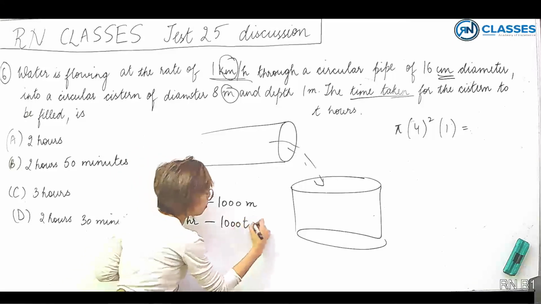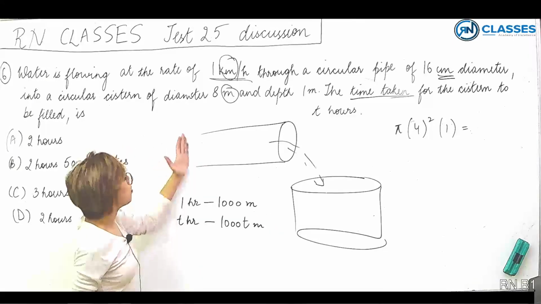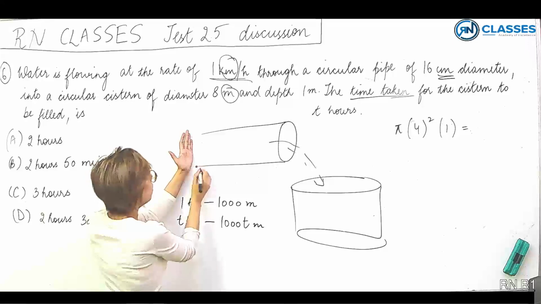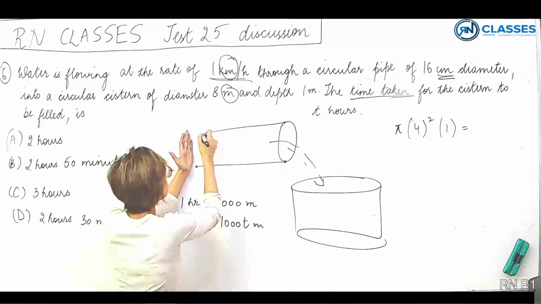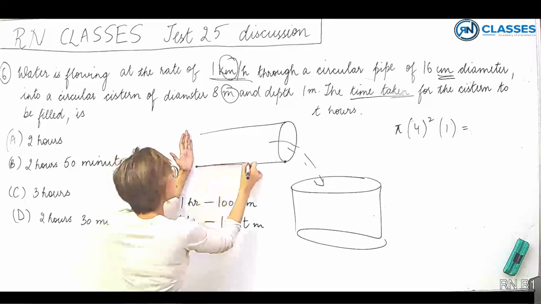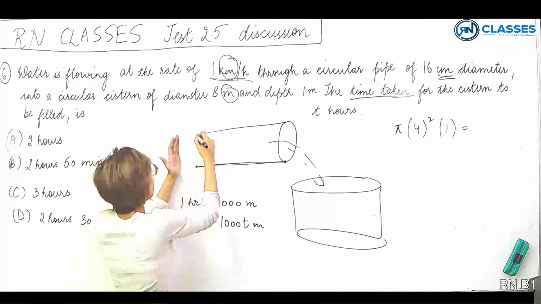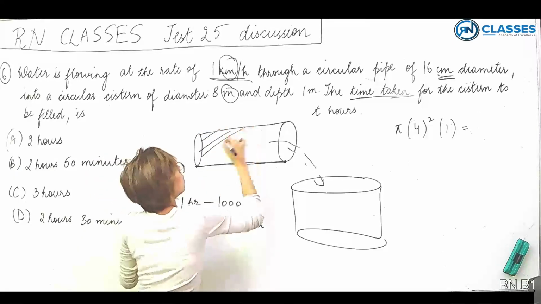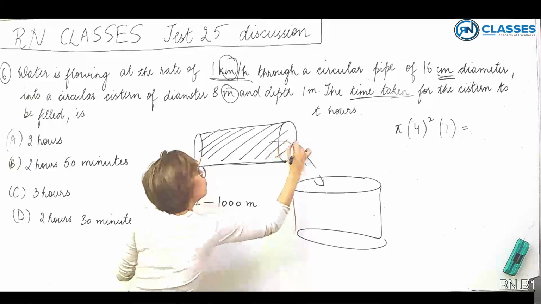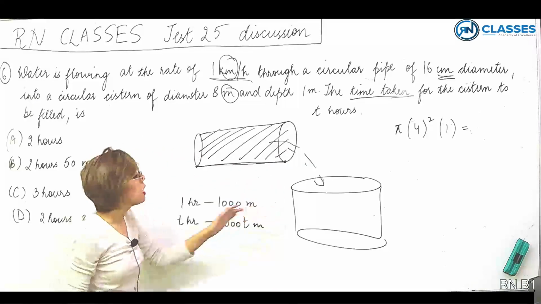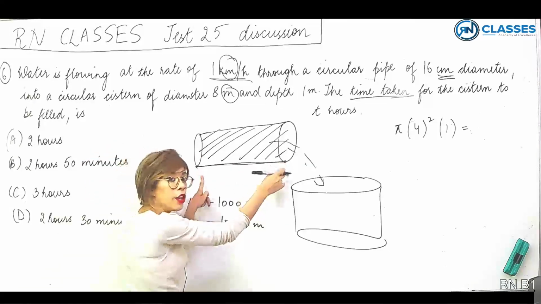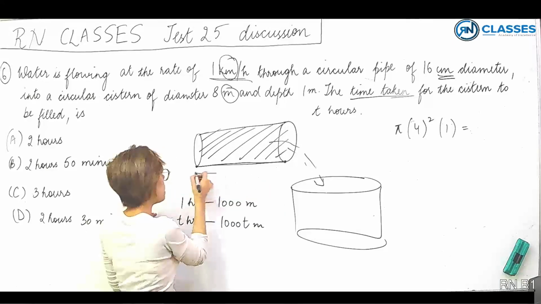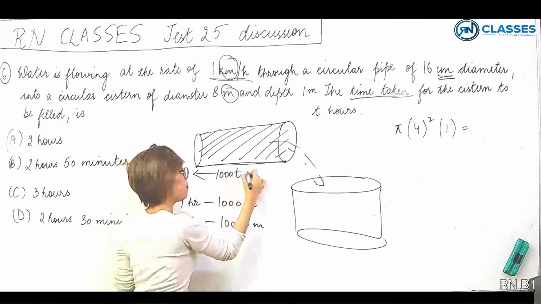1000 T meter, right? So suppose at the beginning of T hours, the water is here, and at the end it is here. So that means water has traveled from here till here, right? So total water would be this thing, the volume of the cylinder actually, right? So the length or the height of the cylinder is what? 1000 T, right?